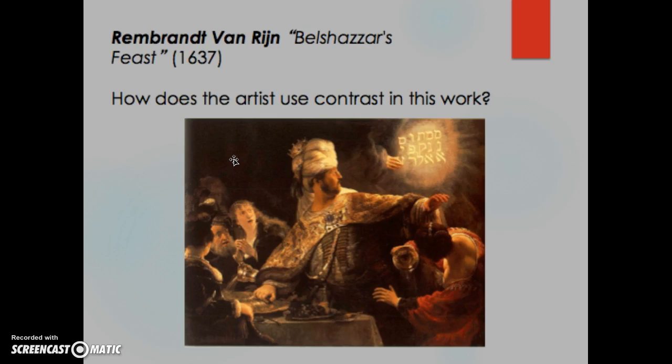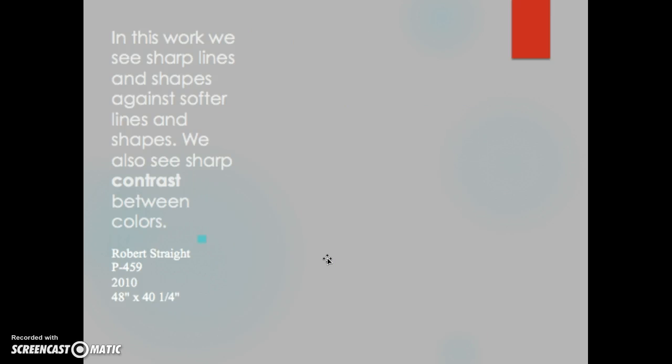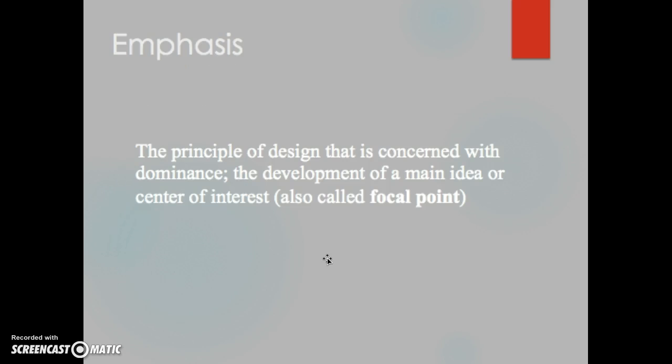There's a contrast of shape here. We have big, simple shapes in the background with very ornate shapes of this person with the turban on. All kinds of things that you could contrast here. But it's mostly going to be the difference between light and dark, color to color, shape to shape, line to line, okay?